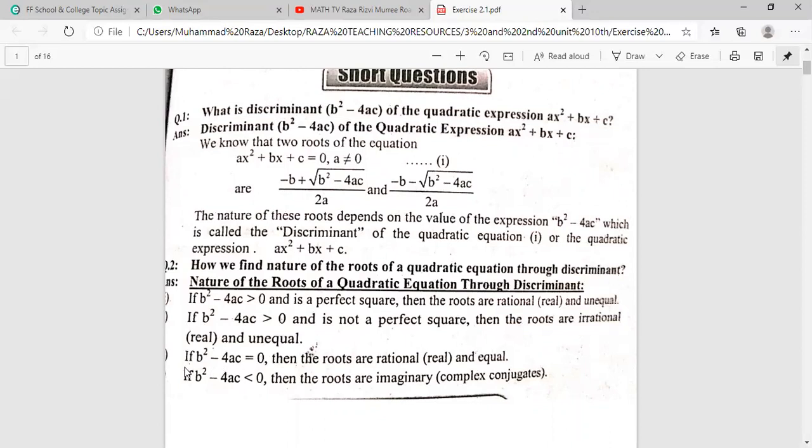Third point, if b square minus 4ac is equal to 0, then the roots are rational and equal. If b square minus 4ac is less than 0, that is negative, then the roots are imaginary. Imaginary means complex conjugates. Then the roots are complex conjugates.